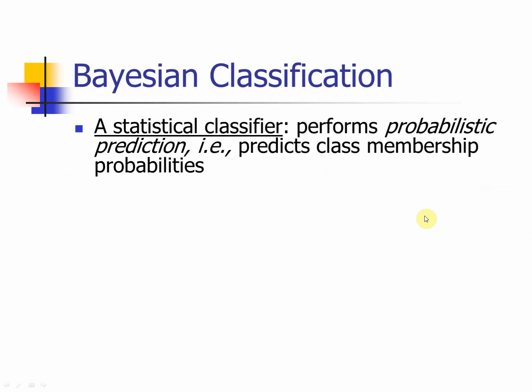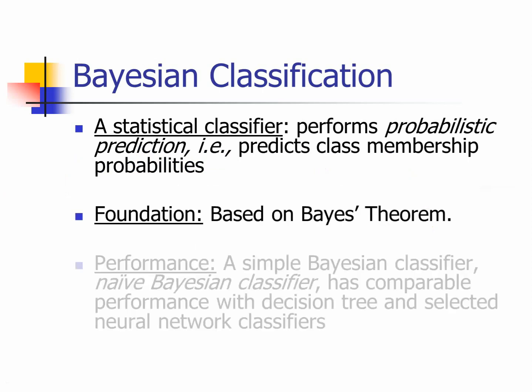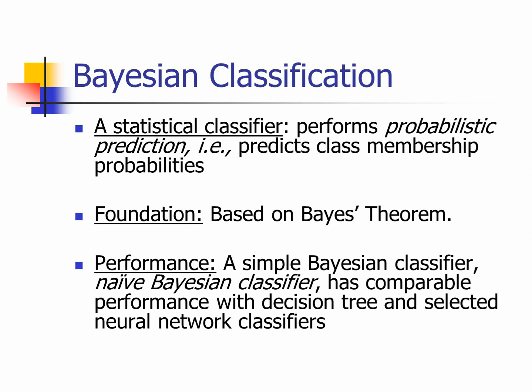Naive Bayes is based on a statistical classifier concept, so it uses probabilities to make the predictions. The foundation is based on Bayesian theory, and the performance is actually pretty good. Personally, I use Naive Bayes a lot in my research.